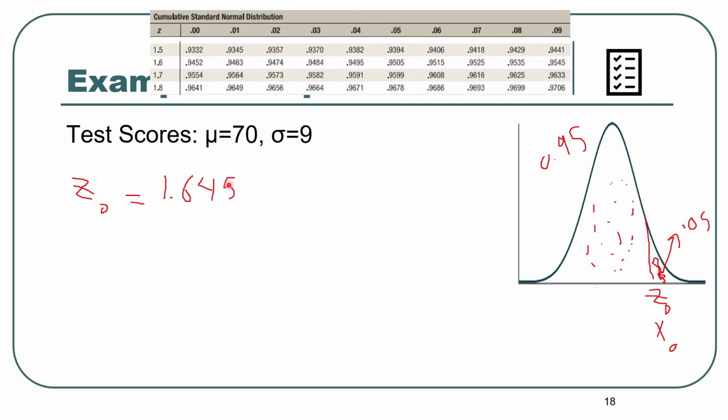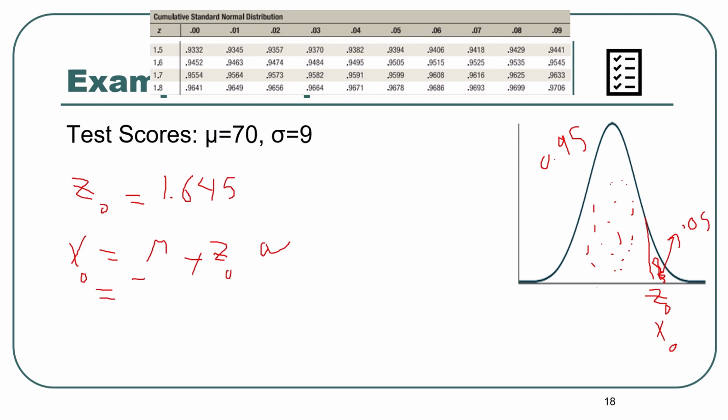Now this is our z naught, and I want the score itself, so I need to transform it back to its original scale, which is mu plus z naught sigma.